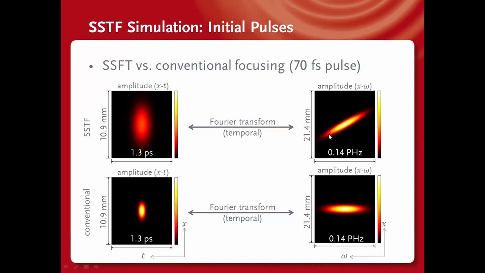That means that different frequencies are located at different lateral or axial positions. And this is obviously just the case for the SSTF setup and not for the conventional one.